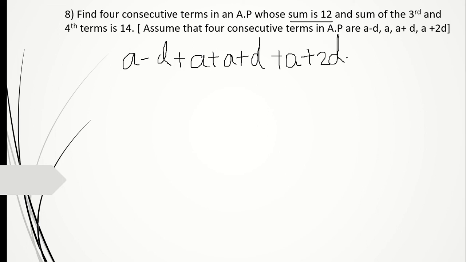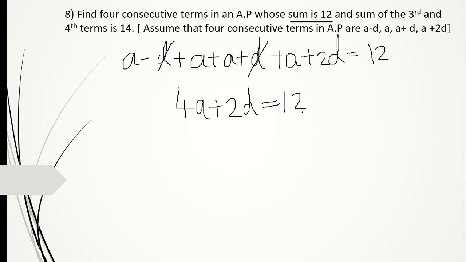This is the sum. A minus d, a plus d, a plus 2d is equal to 12. Now see, minus d plus d will get cut. 1, 2, 3, 4: 4 times A have come. So therefore we get 4A plus 2D is equal to 12.